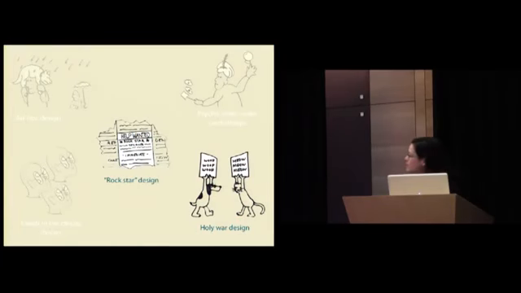Okay, so if we think about these situations earlier, and we think about this idea of a shared pool of meaning and dialogue, we think about this rockstar design, there's really no dialogue happening. Then there's what I call holy war design, where the teams are talking but they don't agree, they're not sharing meaning. There's no shared pool. They never get to that shared understanding.